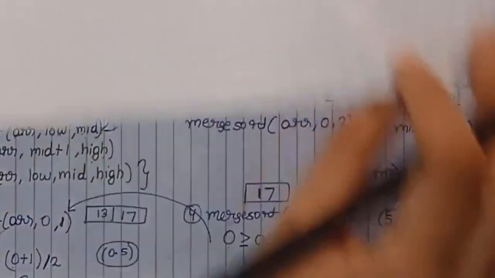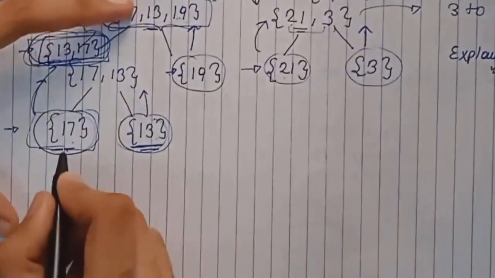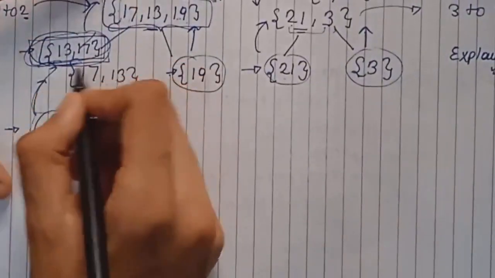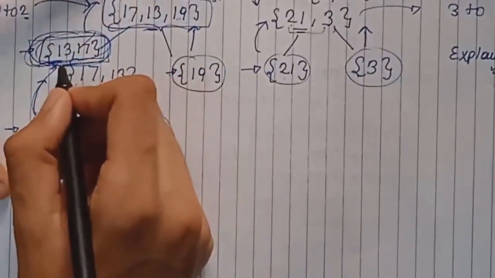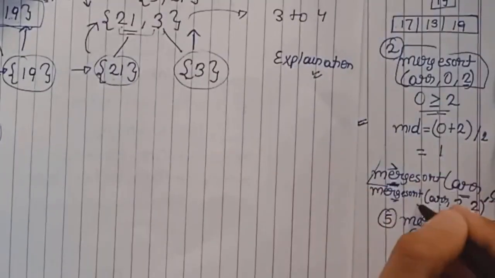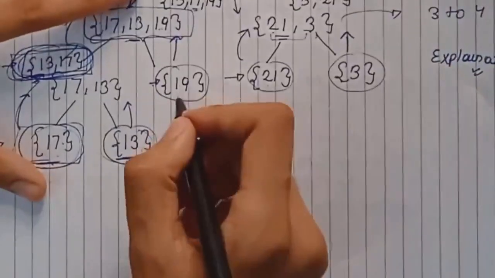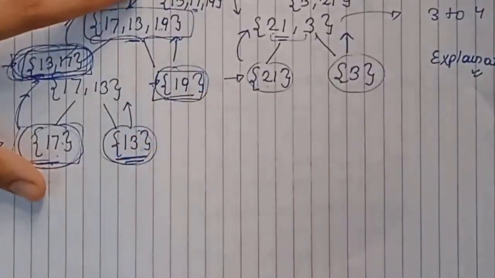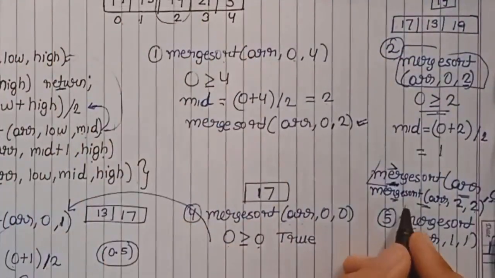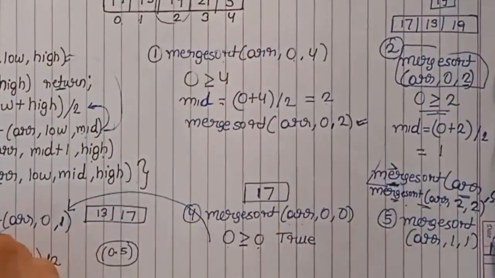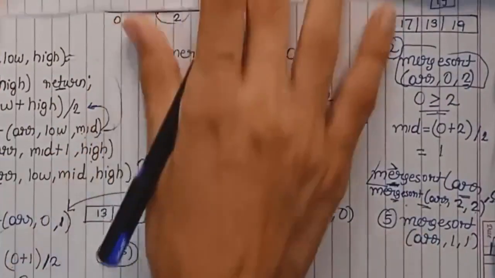So if I take you to the diagram, then this is the diagram. Here earlier we reached this step of merging 13 and 17 and we got this sorted array, and now after this call we have got this array. Now after getting this array, let's see what is the next step. The next step is again merging two sorted arrays.